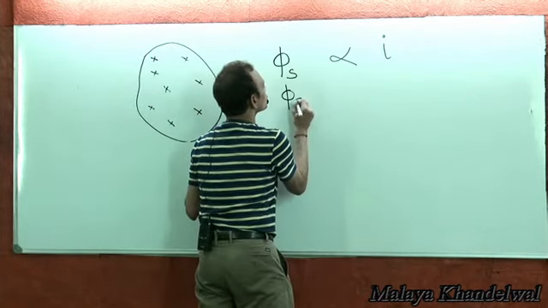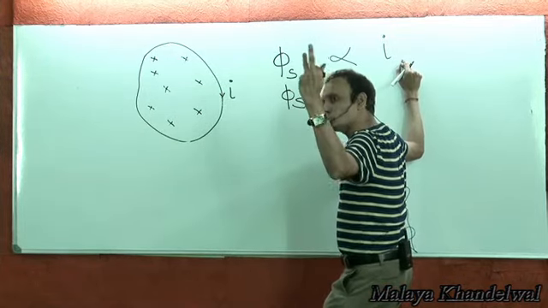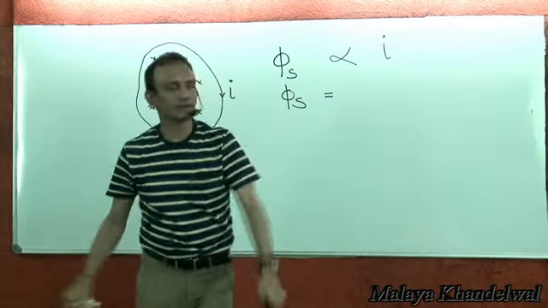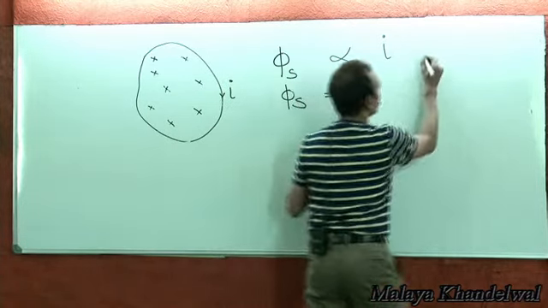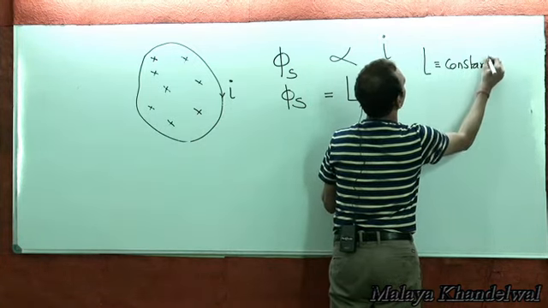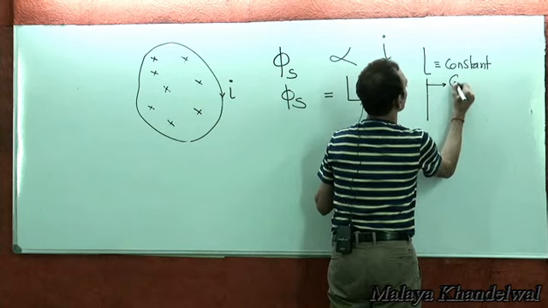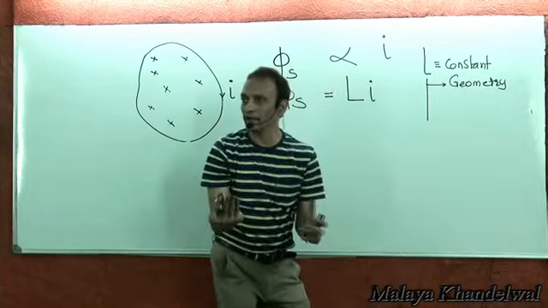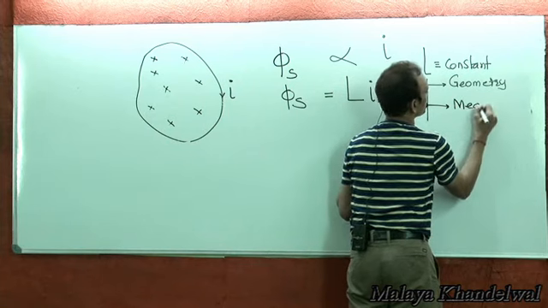So the total flux associated will be some constant L times I, where L is a constant whose value depends on two things: geometry, for a given medium, and for different media it depends on the medium properties.